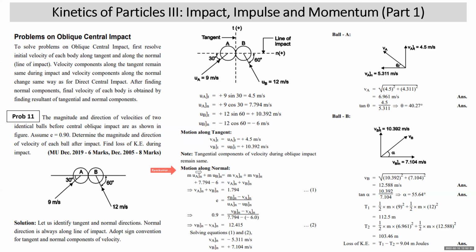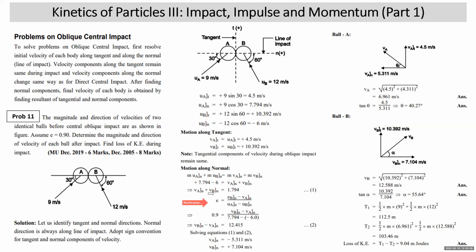The masses are the same, so m UAN plus m UBN equals m VAN plus m VBN. Masses being the same, this is UAN plus 7.794, with UBN minus 6 substituted, equal to VAN plus VBN. So VAN plus VBN comes out to 1.794.